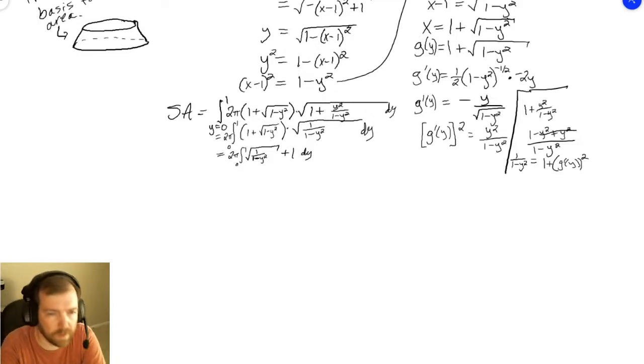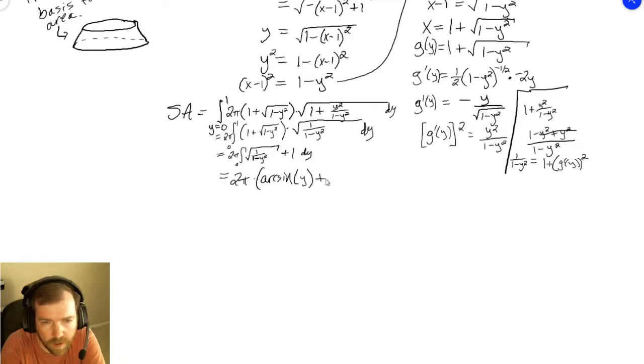Cool. So this is going to be 2 pi times parentheses arc sine of y plus y, evaluated where y goes from 0 to 1.